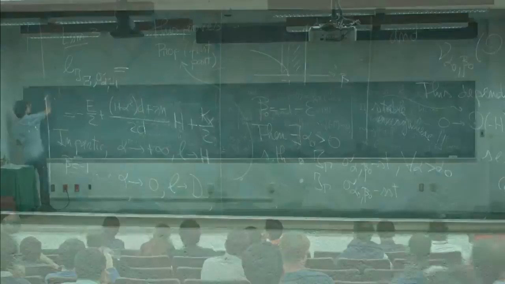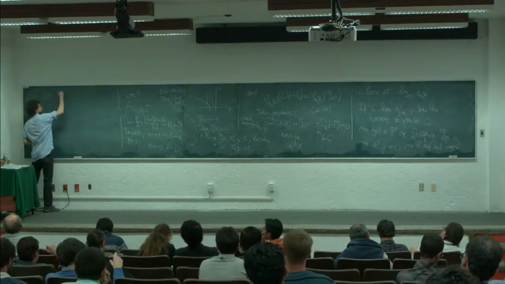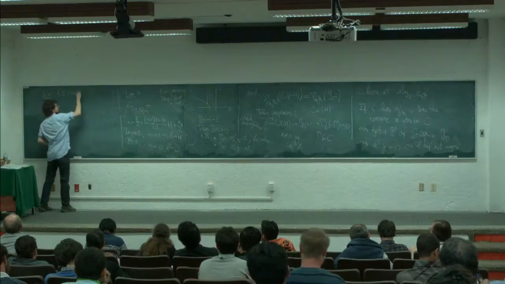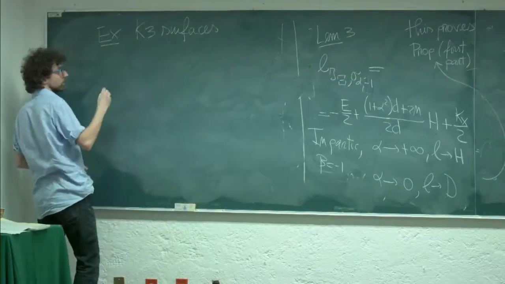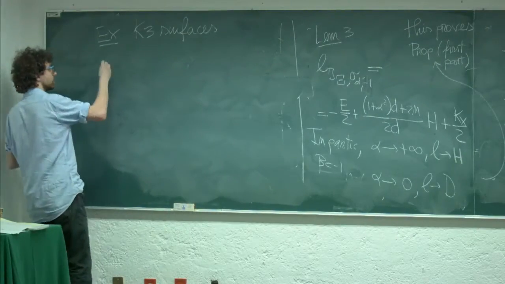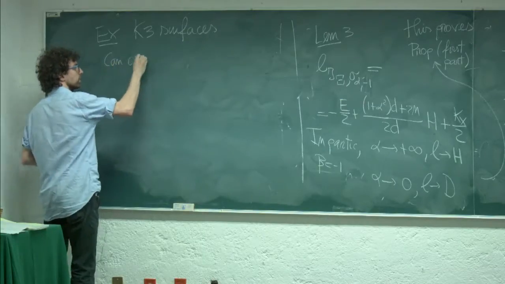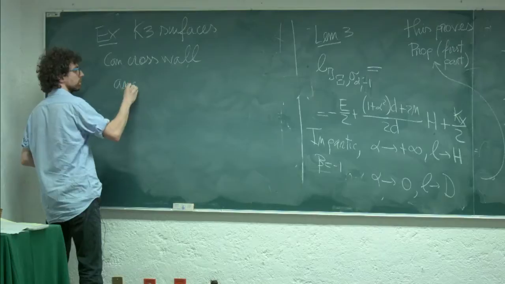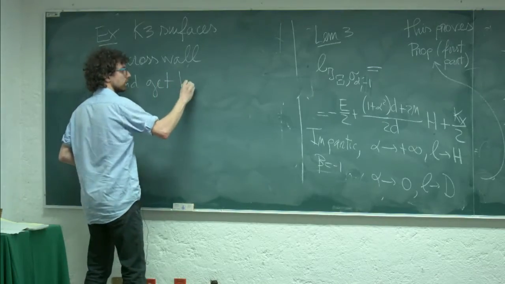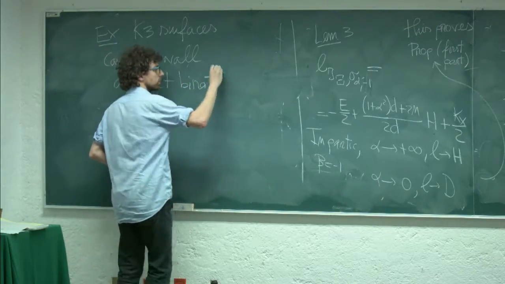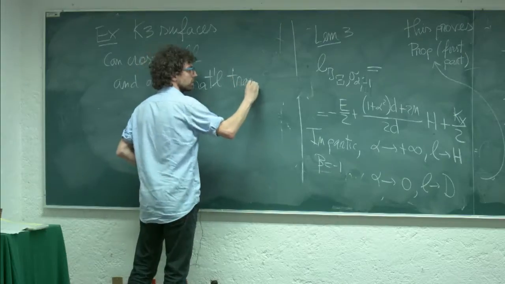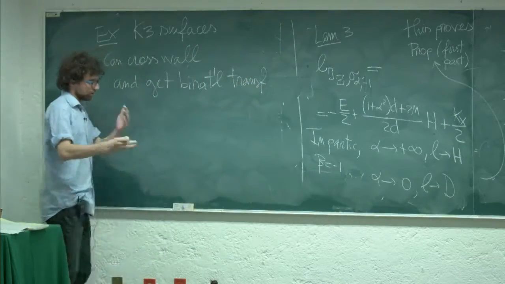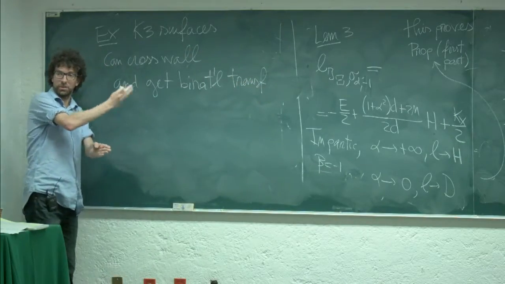Okay, so an example, which is not so. Okay, I have 1 minute. I guess you can cross the wall and get a birational transformation. And so what happens? You get all of them until you hit the last part.